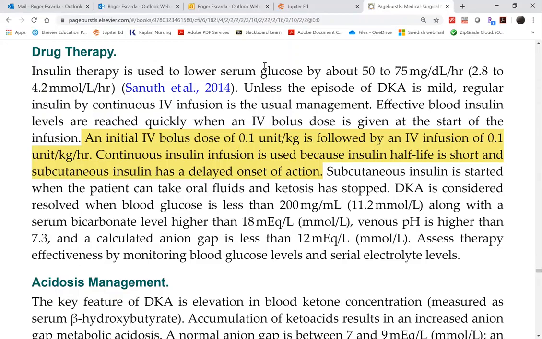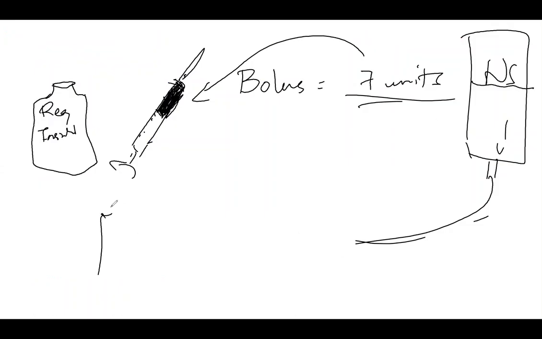Okay, so you get a flush. This is a pre-filled syringe. This is a flush, this is a Luer lock, correct? So you empty a little bit. This is 10 ml of normal saline. So you squeeze out maybe 1 ml and then draw back. So you add these 7 units inside that syringe.